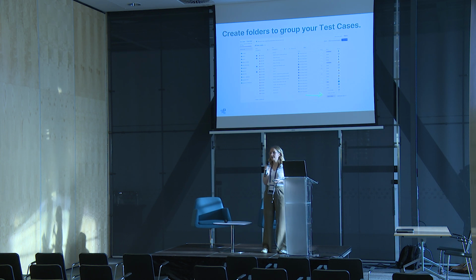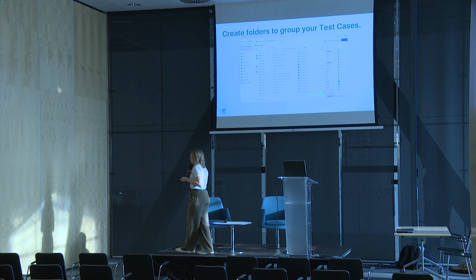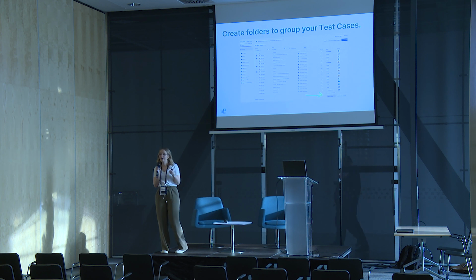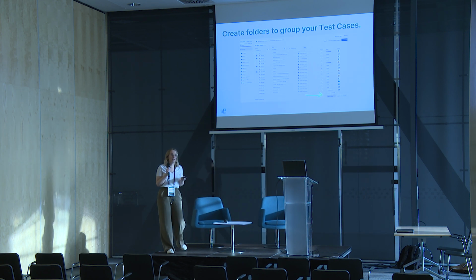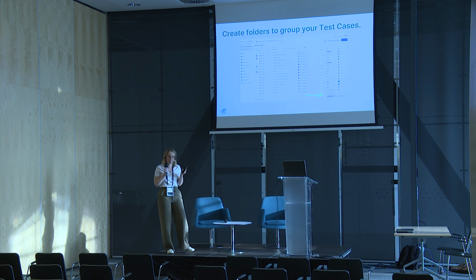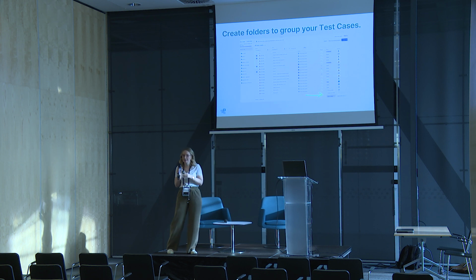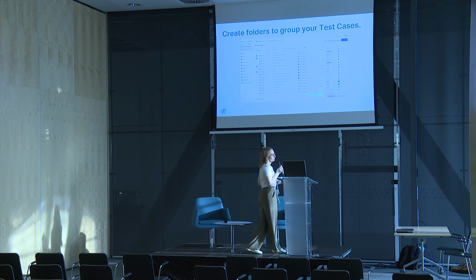What's more, you can create folders with your test cases. So I don't know if you have a few contexts in your apps, or maybe you have a few microservices, and each test case related to one microservice must be somehow separated. You can make the order here, and you can create a folder for it.